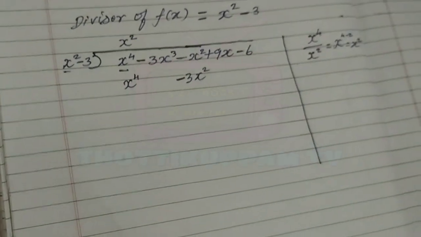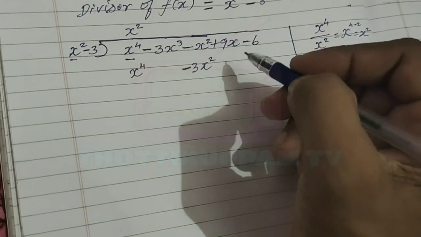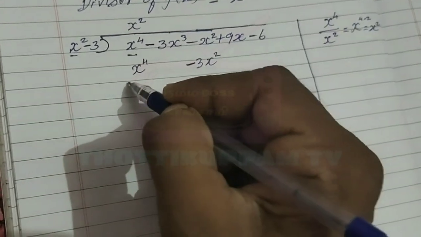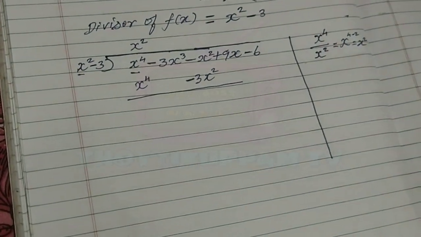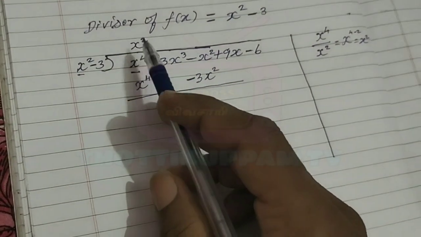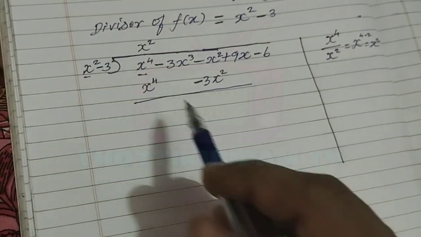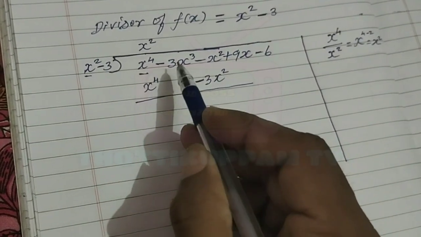Next, students, we are going to subtract after multiplying this quotient and divisor. Sir, why you not written here?